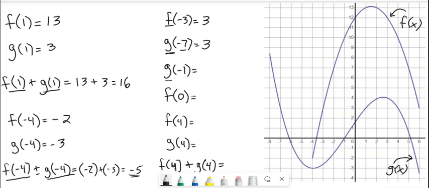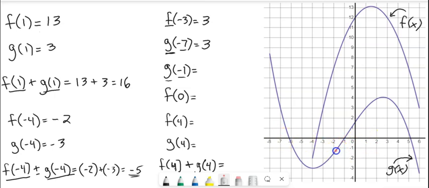Now we want g of negative 1, so we'll go to negative 1, and look, g is actually passing right through the x-axis at negative 1.